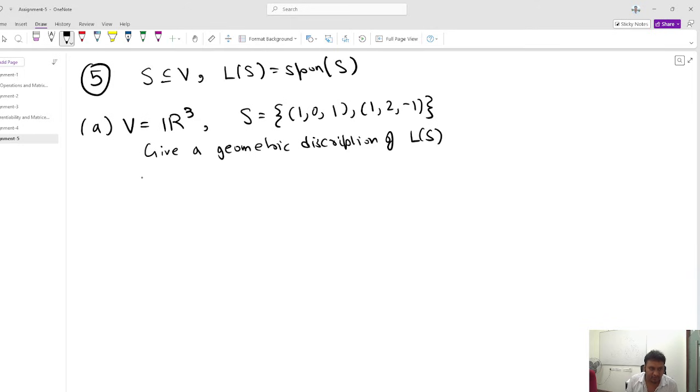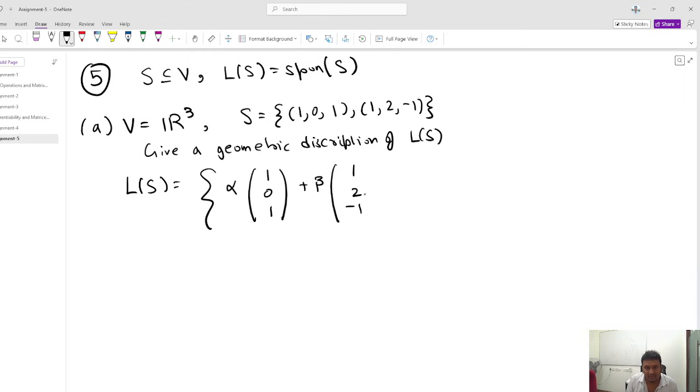So what is LS? LS is all alpha times (1, 0, 1) plus beta times (1, 2, -1) such that alpha, beta belong to R, right?